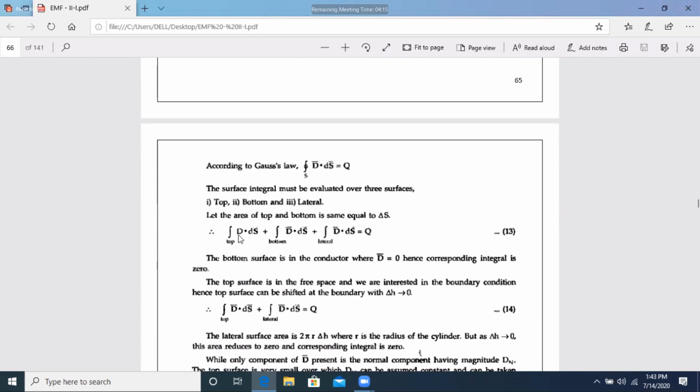We have three surfaces: the top, bottom, and the side, or lateral part.